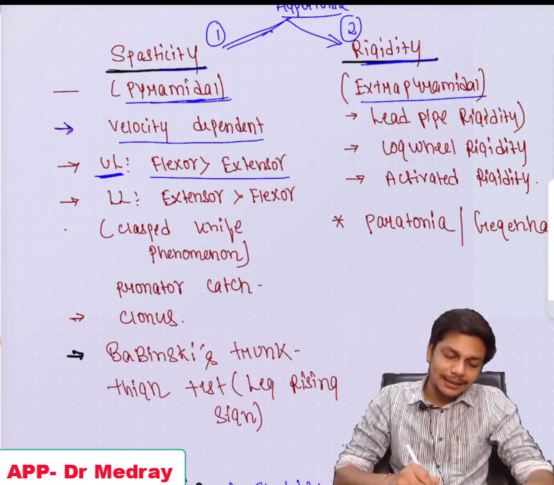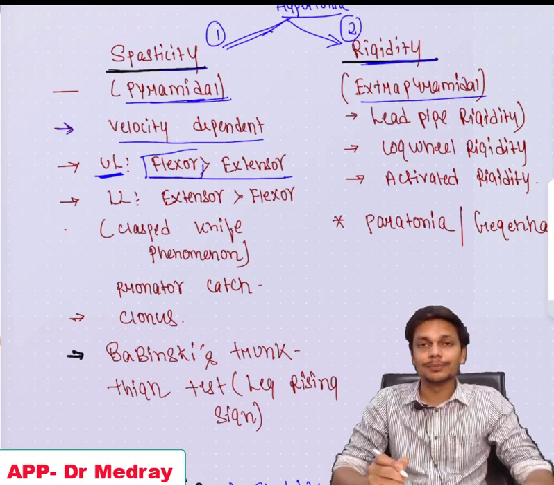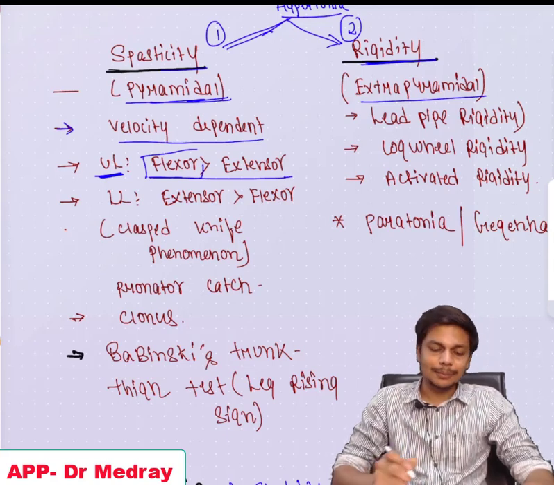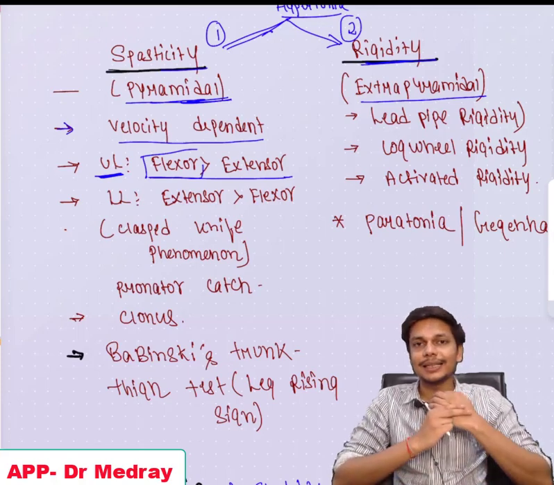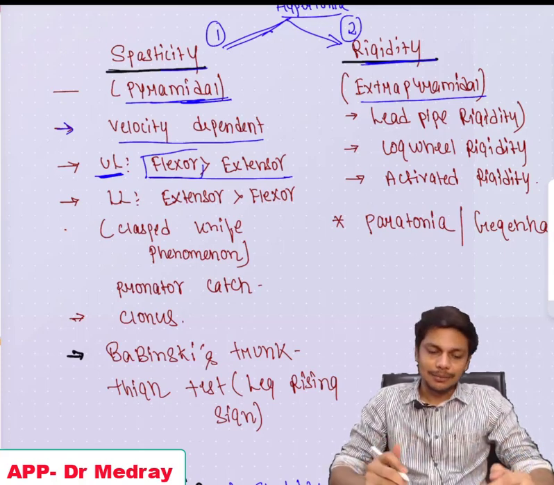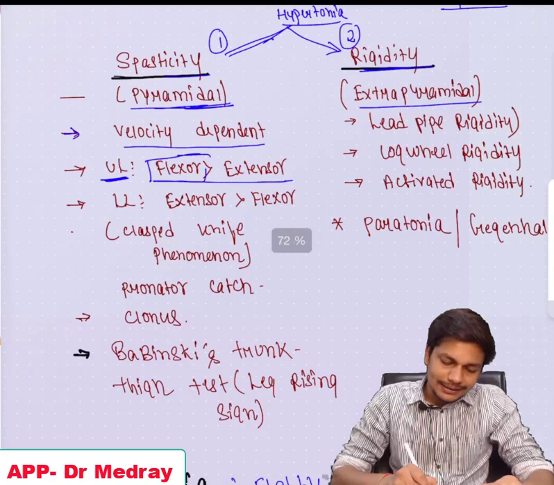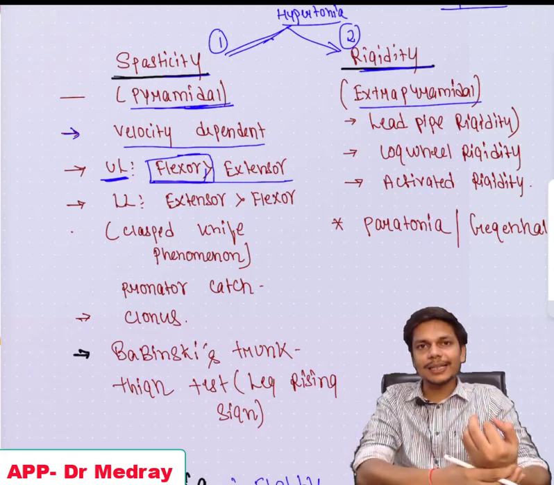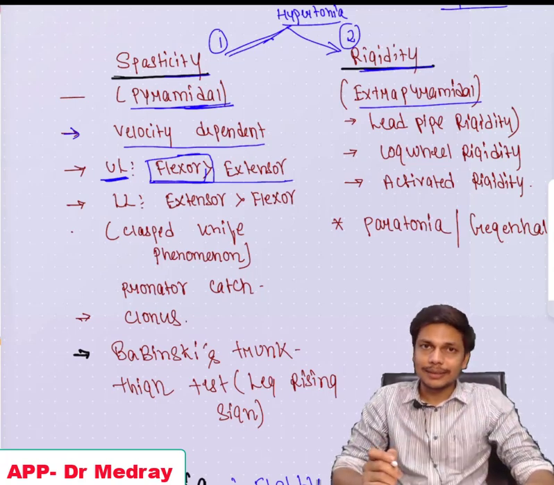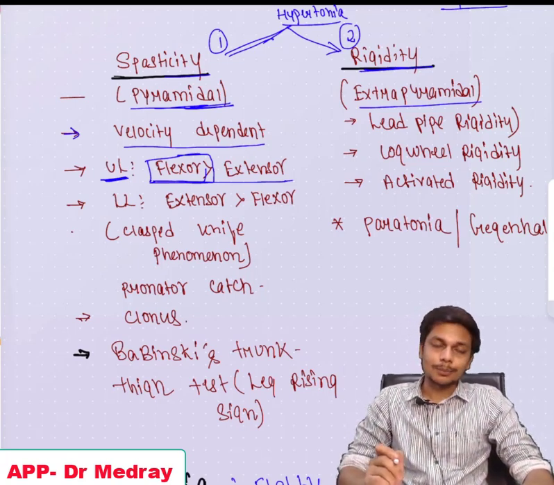So the spasticity will be more in the flexor group than the extensor group in a patient of stroke, in a patient of pyramidal tract lesion. As there is more spasticity in the flexor group of muscle, when you try to extend the limb, you will get more resistance in a patient of spasticity.